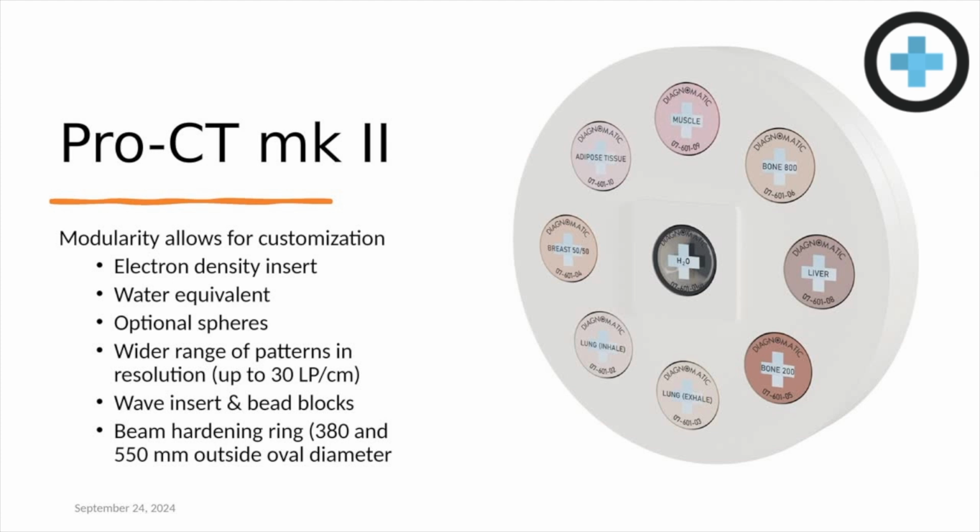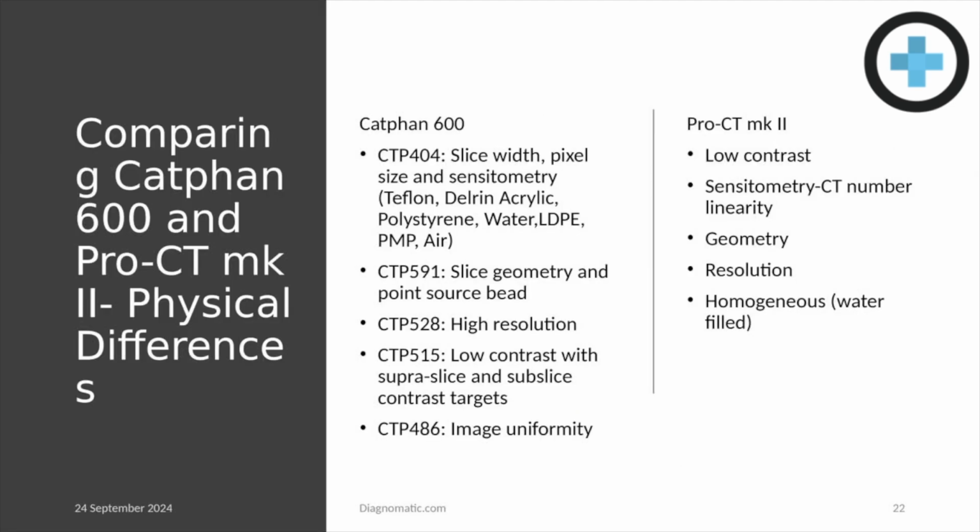There's one with a wider range of patterns up to 30 line pairs per centimeter. We have a wire insert, bead blocks as well, and then also a beam hardening ring at 2 different oval diameters that are available for it. So again, the great thing about modularity is we can change inserts and build a phantom that's going to run the tests that you want.